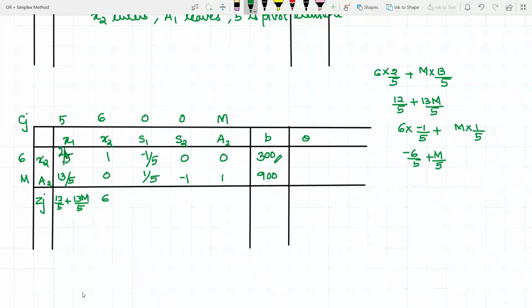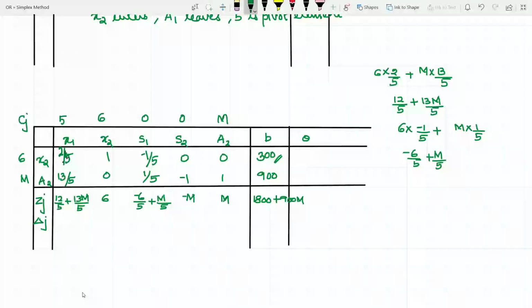So you have your minus 6 by 5 plus m by 5. 6 into 0 plus m into minus 1, so this is minus m. 6 into 0 plus m into 1, this is m. Next is 6 into 300, that is 1800. So you can write here 1800 plus m into 900, so 900m. Okay. Now we have to find delta j.